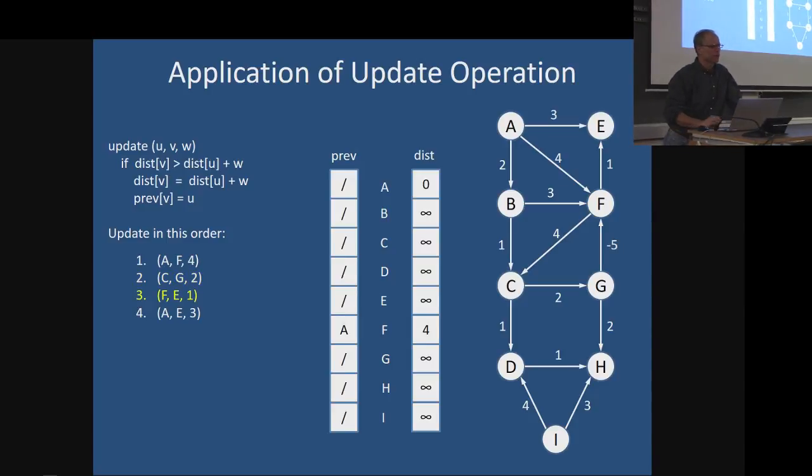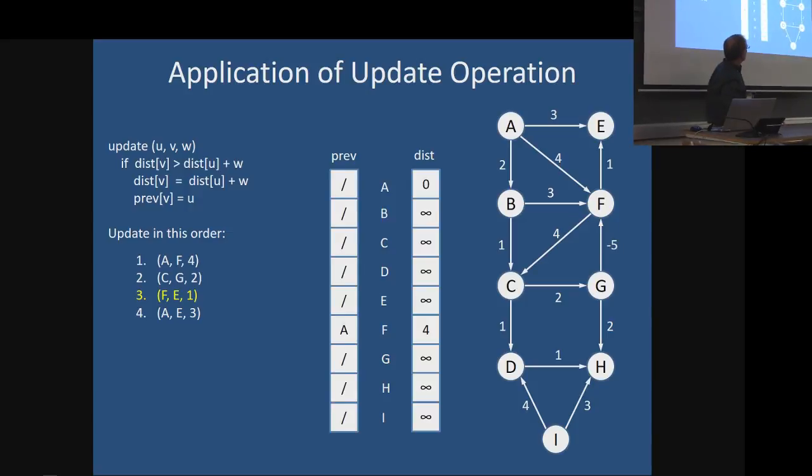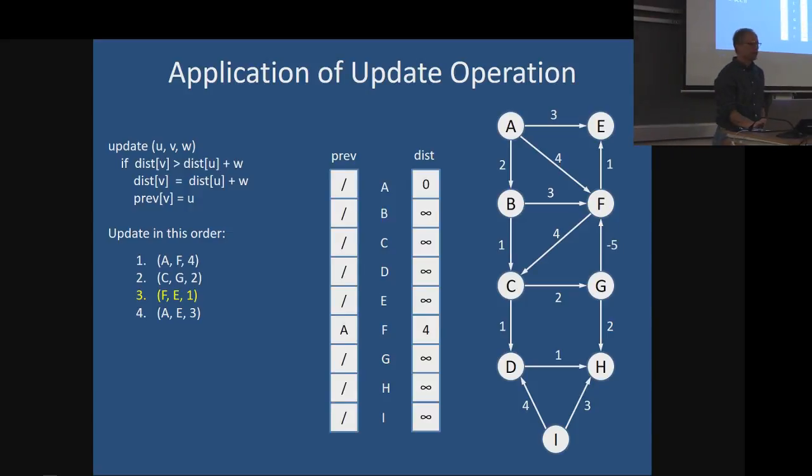Okay, what happens if we update FE1, the edge from F to E? What will change? Yeah, we'll get the 5. Because right now the distance to E from the root is infinite. But the distance from A to F is 4. And the cost of going from F to E is 1, so we add that up, we get 5.